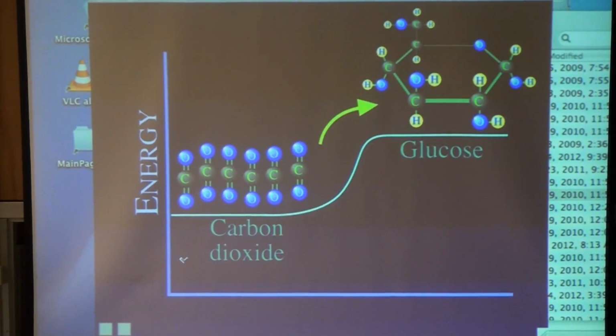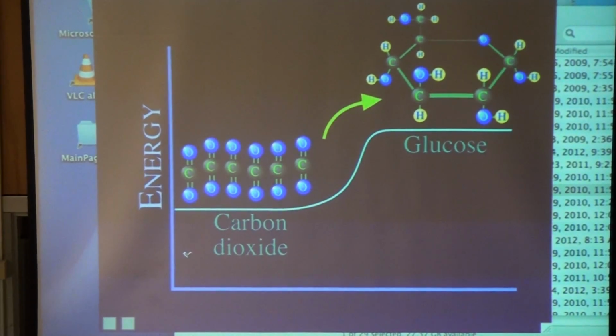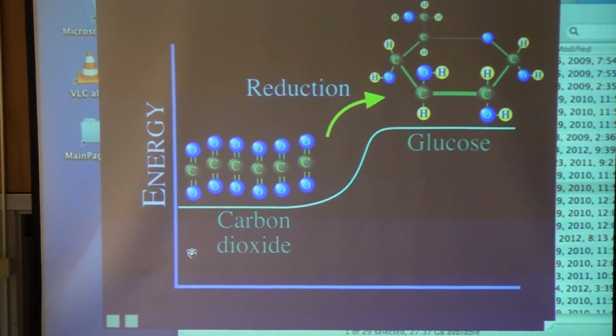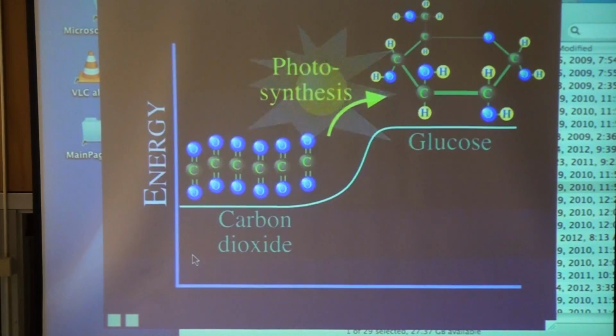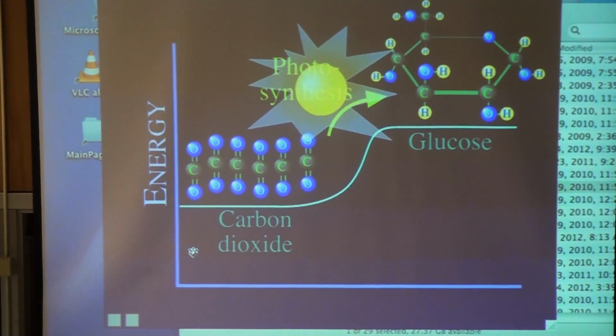Things don't go uphill on their own. And that's where the sunlight and photosynthesis comes in, right? The reduction. That's where the sunlight comes in photosynthesis. The plants are using solar energy as the energy source to push these carbons uphill, so to speak, to reduce those carbons into glucose.